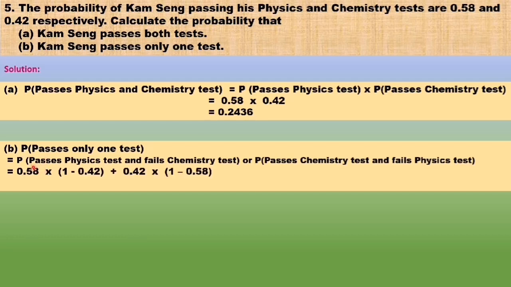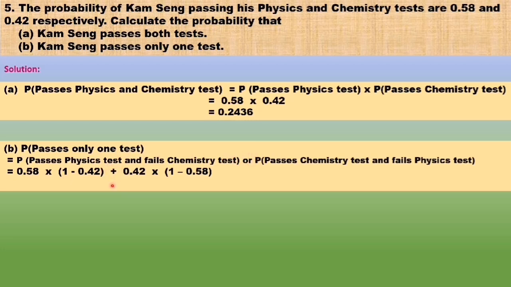So probability passes physics test is 0.58. Fails chemistry test is 1 minus 0.42. So the keyword is AND, so we multiply it. And here the keyword is OR, so we plus.